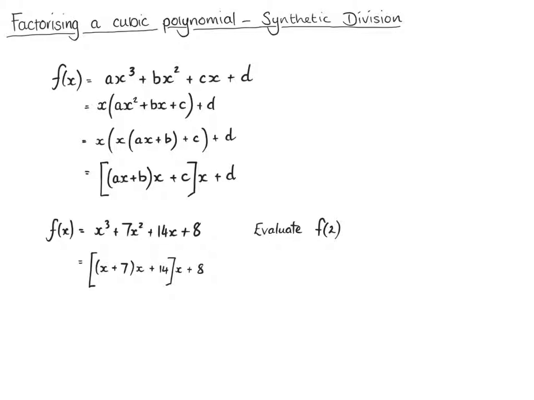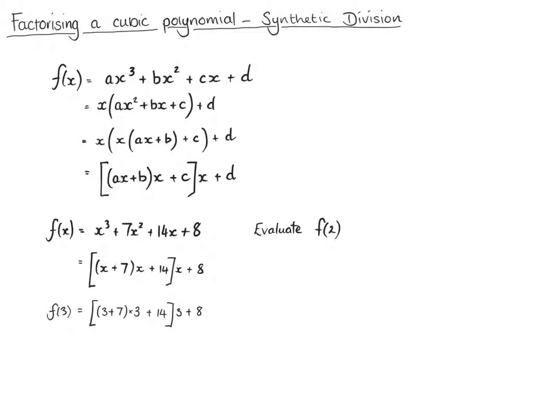Right, so when we substitute in 3 into there, we're doing 3 plus 7, times 3, plus 14, times 3, plus 8. So you can see we're starting with the coefficient of our x cubed, and we're adding that to the value we've got.